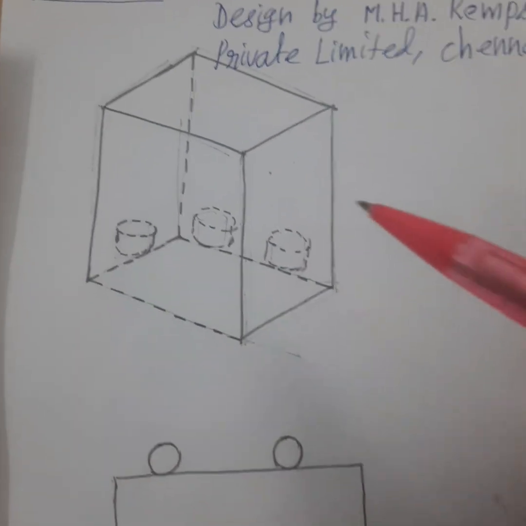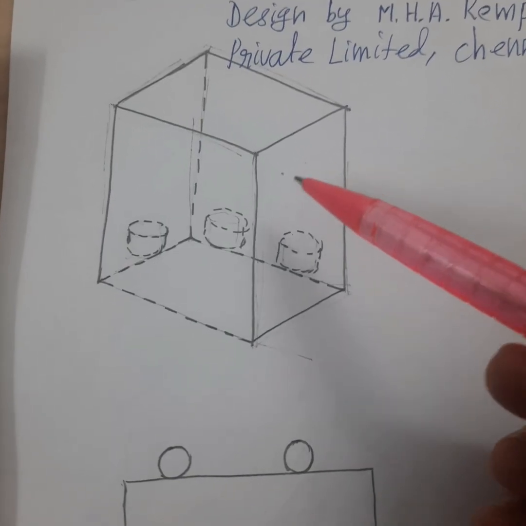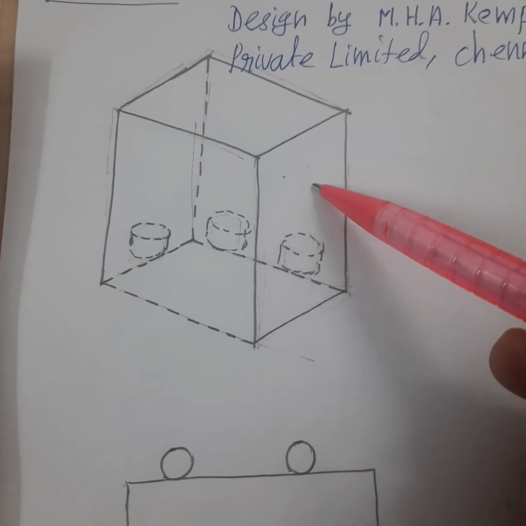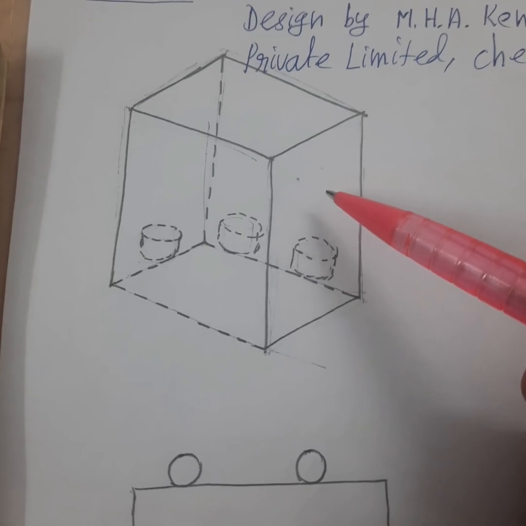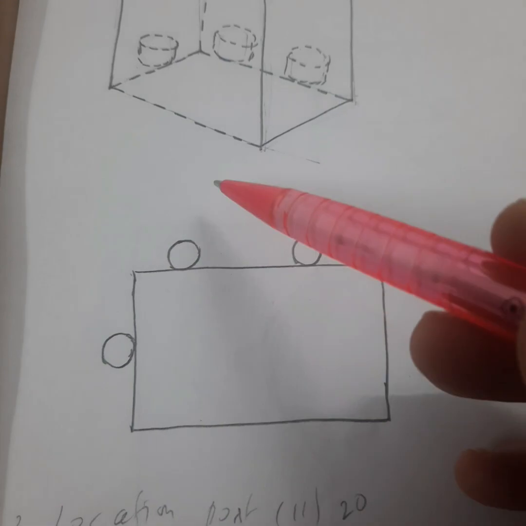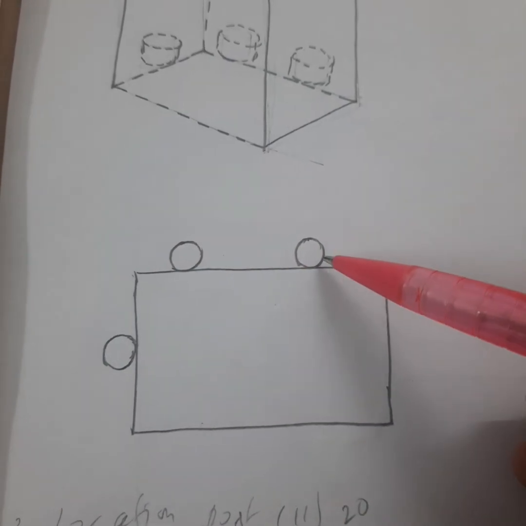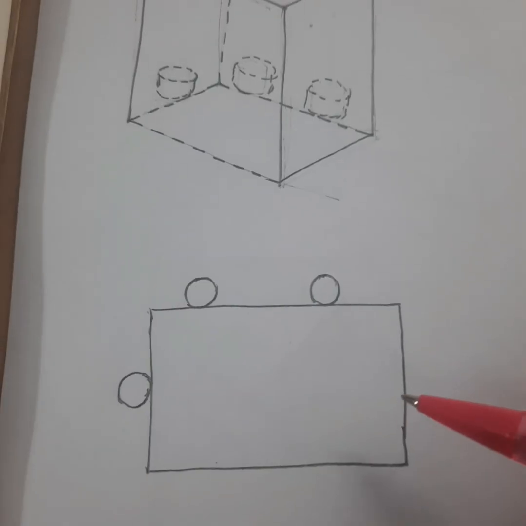Let us say the component to be located on a jig or fixture is of a prismatic shape like this. How can you locate it? That we are going to discuss now. You can simply use 3 locating pins. So these 3 locating pins are fitted to the base of the jig or fixture.